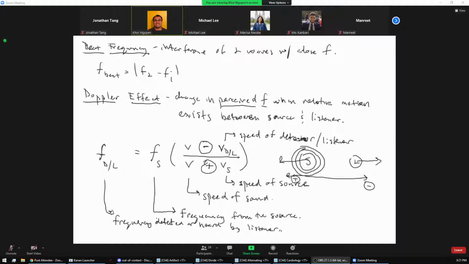Any questions? So equation-wise, the Doppler effect is very, very straightforward and easy to remember. Any questions on that? Okay.